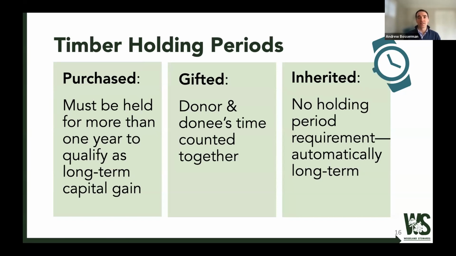This is what's known in tax law as a tacked holding period, meaning the person who received the gift gets to tack their holding period onto the person who gave them the gift. As long as the combined period of ownership is more than 1 year, then it will qualify as long-term capital gain, assuming everything else is met. And for inherited timber, there's actually no holding period requirement. It's just automatically long-term. So that's pretty straightforward.